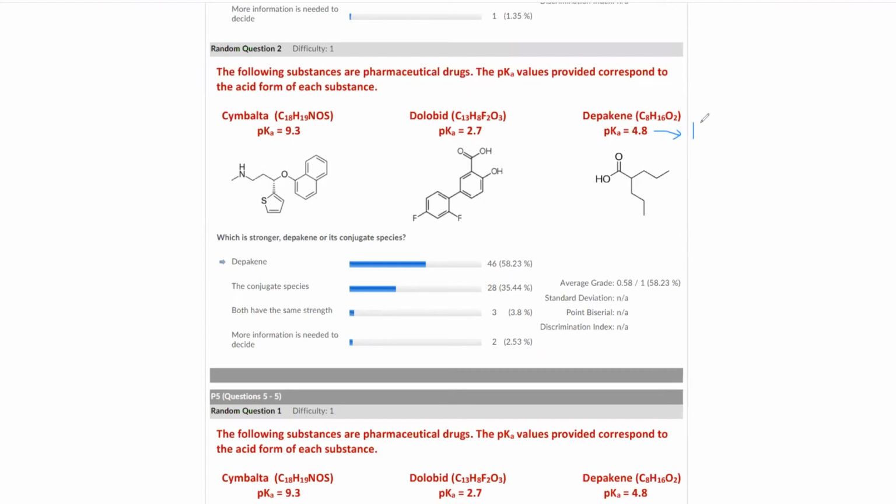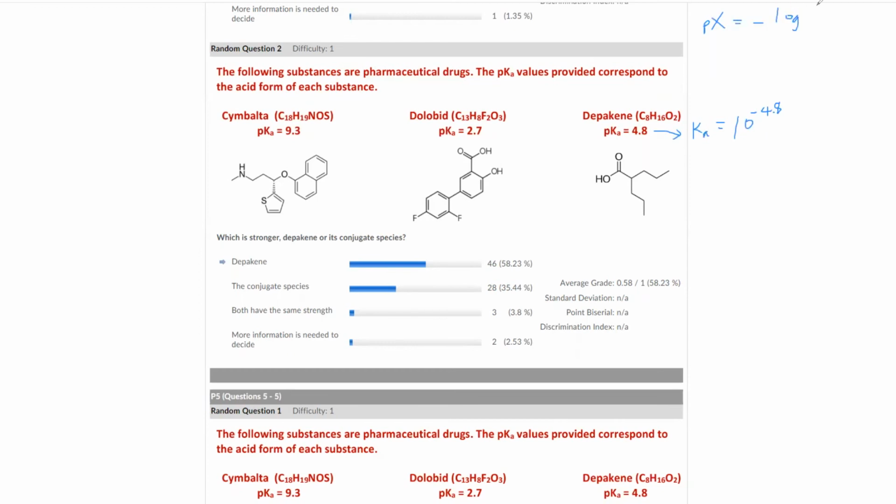Ka must be equal to 10 to the power of minus 4.8, because the same argument: pX is equal to minus log X. In case you forgot that.